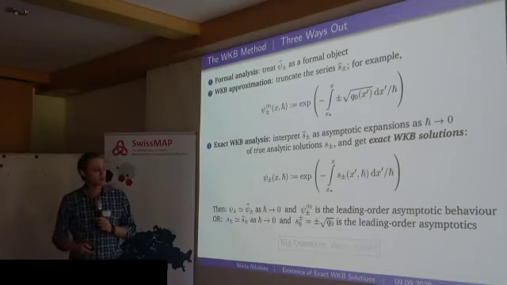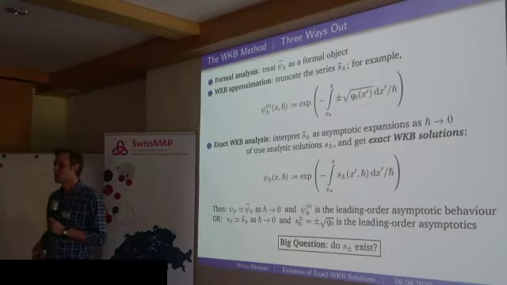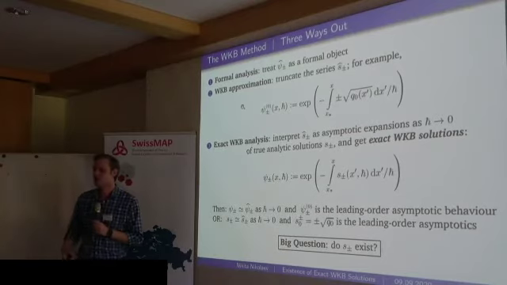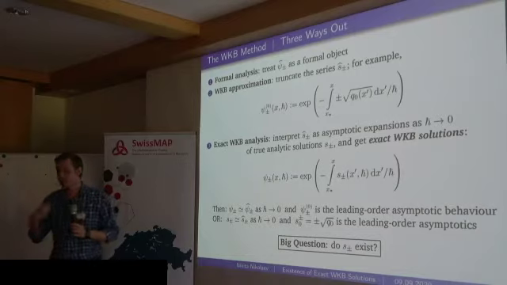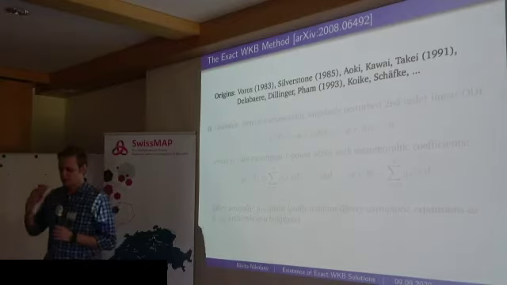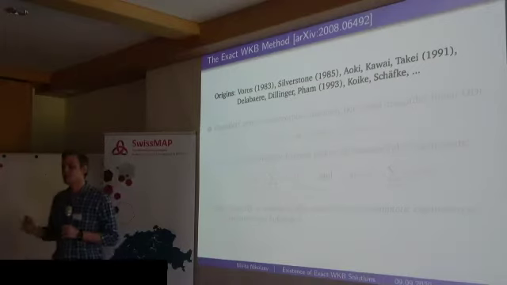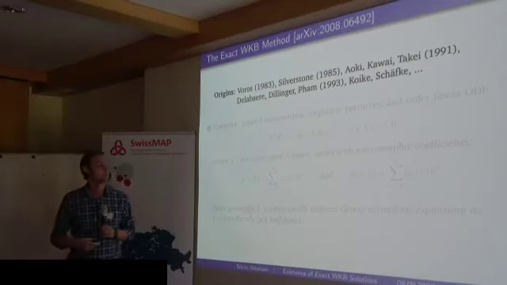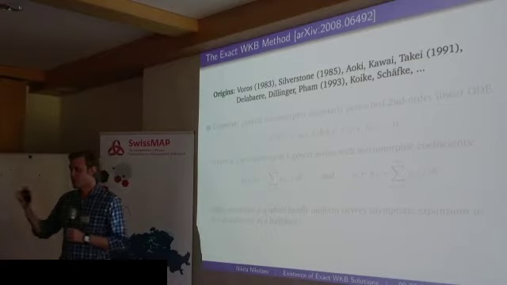The big question is, do these analytic functions S plus minus actually exist? Is there actually a pair of analytic solutions S plus minus to the WKB equation whose asymptotics are S hat plus minus? This is the main purpose of what is known as exact WKB, and there has been lots of work, especially since the 80s, with seminal work of Voros and also many very well-established Japanese schools.